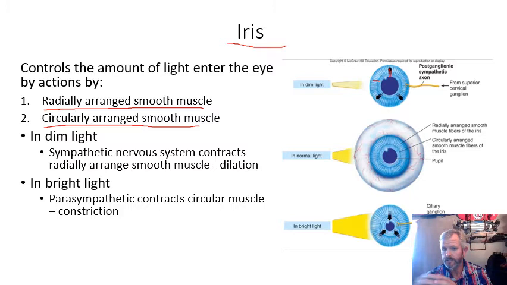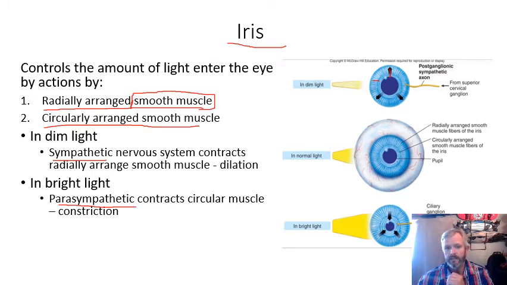Our autonomic nervous system, because it is smooth muscle, controls things we don't have to think about, the involuntary stuff, which smooth muscle is one of them. We have the sympathetic and parasympathetic controlling these muscles.